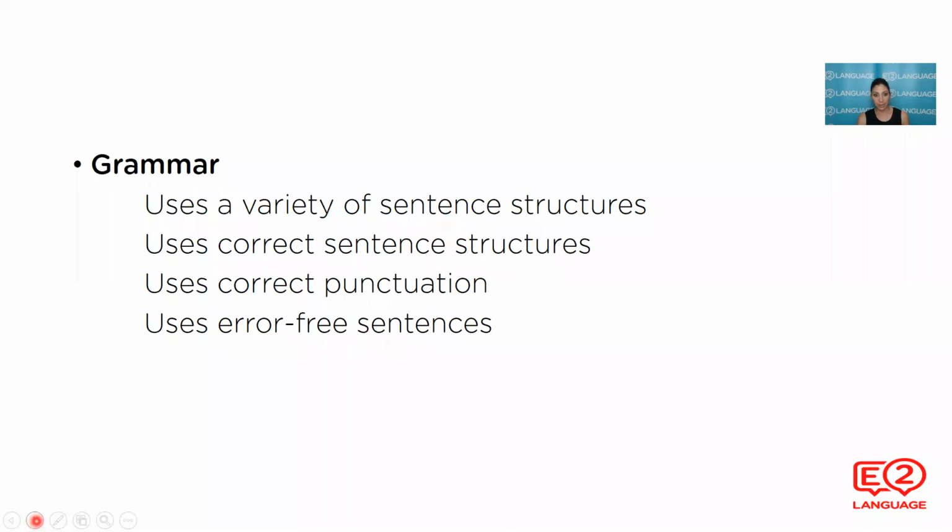The fourth criteria that you're graded on is grammar. They want to see that you can use a variety of sentence structures, for example, active and passive sentences, different forms of sentence structure, that your sentence structures are correct, that you use punctuation, so full stops where you need to use full stops and commas where you need to use commas, and that you have written mostly error-free sentences, meaning not making mistakes with prepositions or subject-verb agreement or verb tenses.